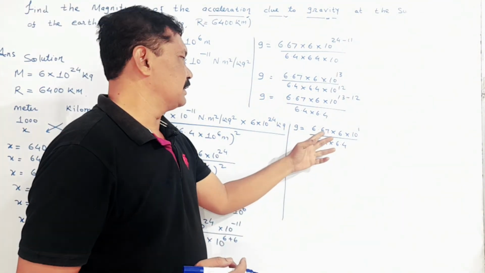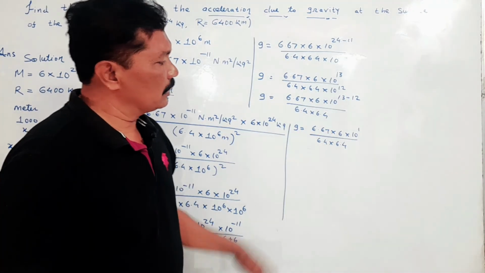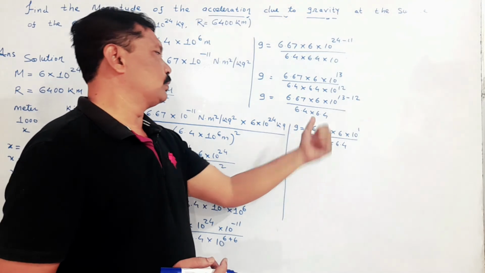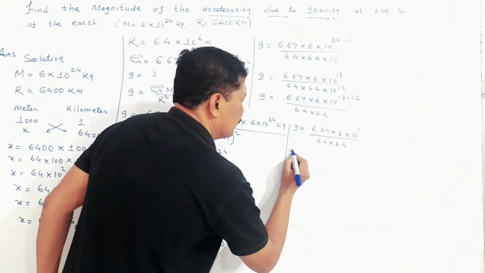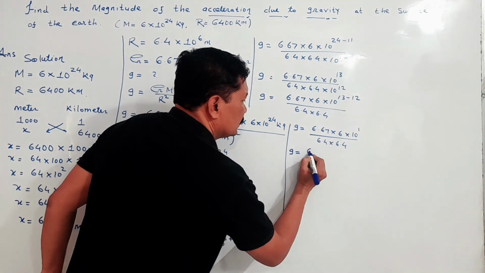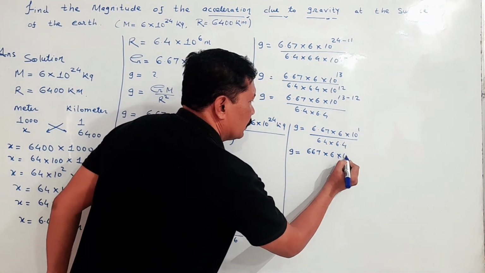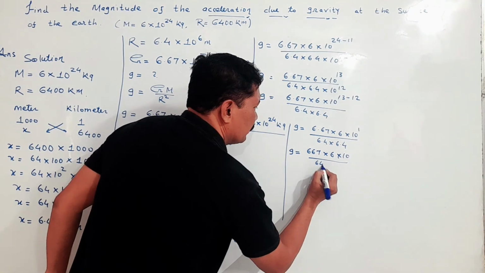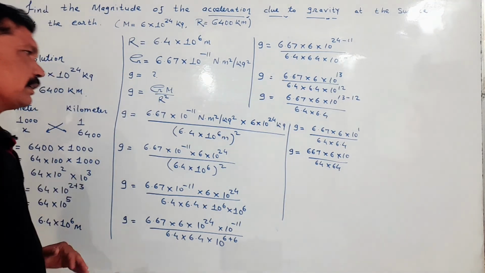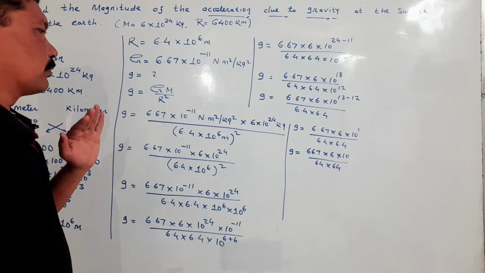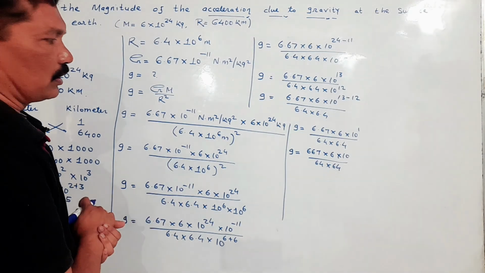So 6.67, so this point we have to remove, so we have to remove the point after and take the 2 digits, so we can directly write here like this. g is equal to 667 into 6 into 10 upon 64 into 64. So 2 digit we have to remove from the numerator and 2 digit we have to remove from the denominator, so we can write it as I have written on the blackboard.